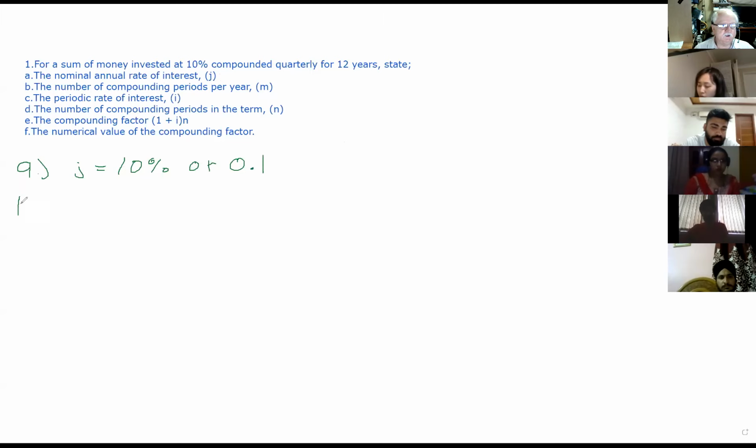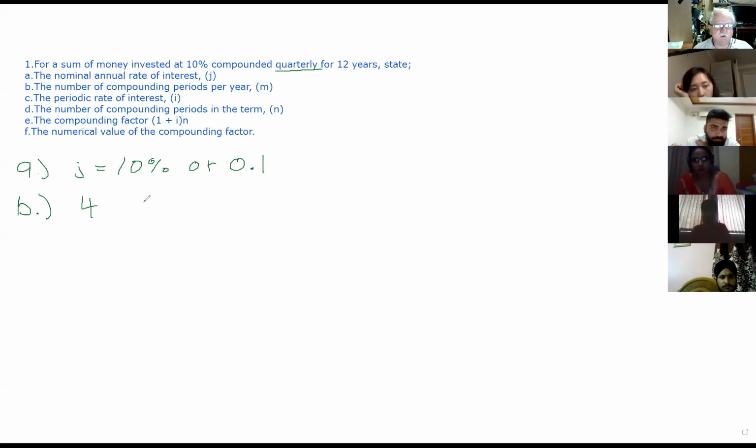So in part B here, the number of compounding periods per year, if it's quarterly, how many does that mean? Three months. That's right. It's going to be 4.